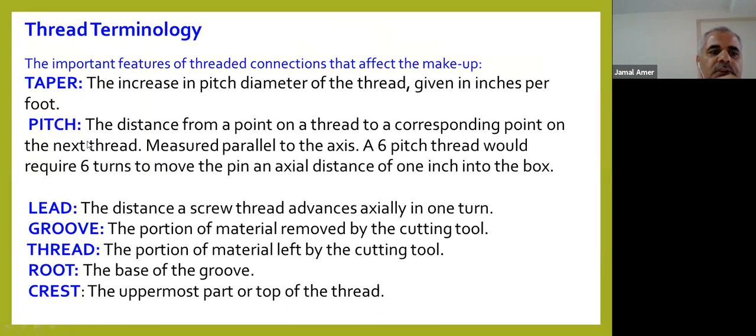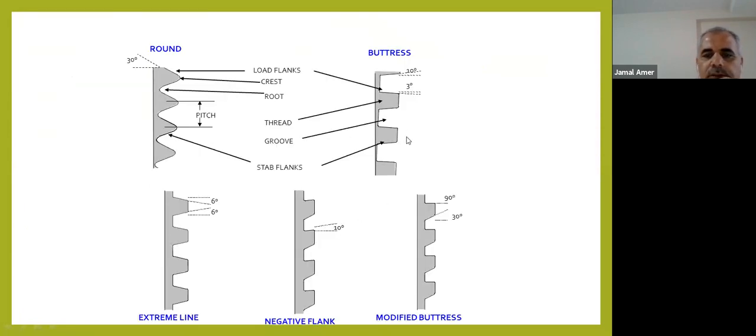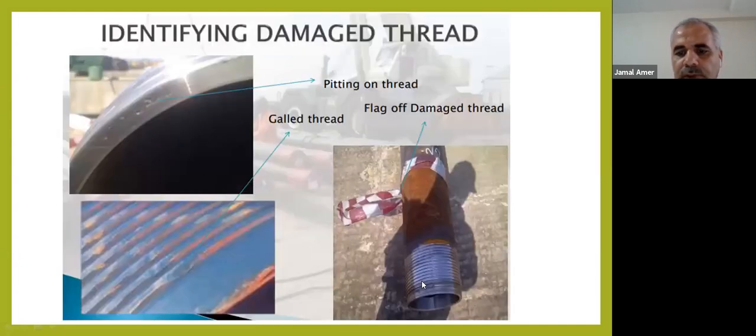We also have to be familiar with this thread terminology. For the company man working on site, I think he has to recognize, when he sees the face or shape of a thread, what the type of thread is and what the type of connection is.